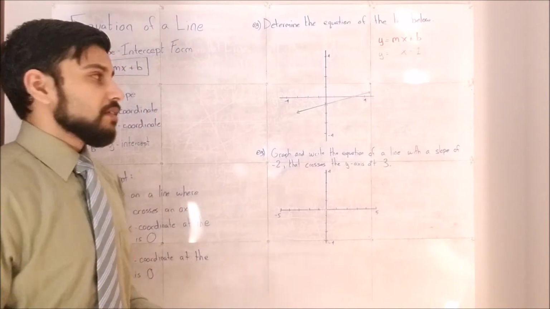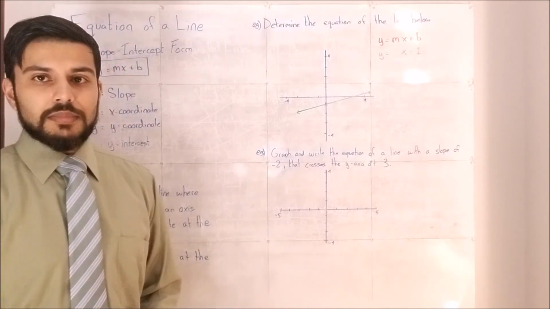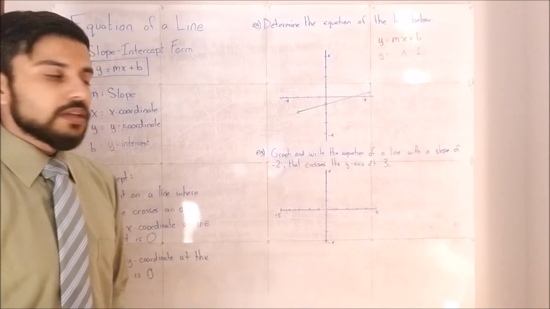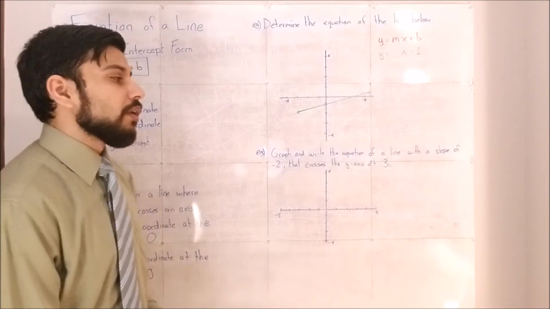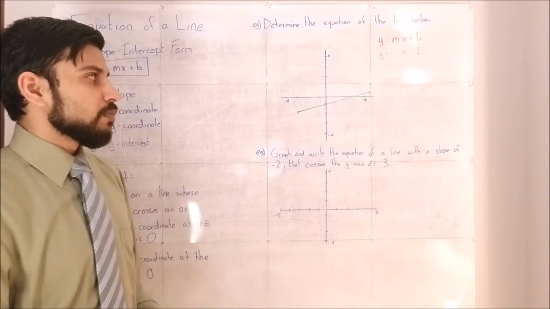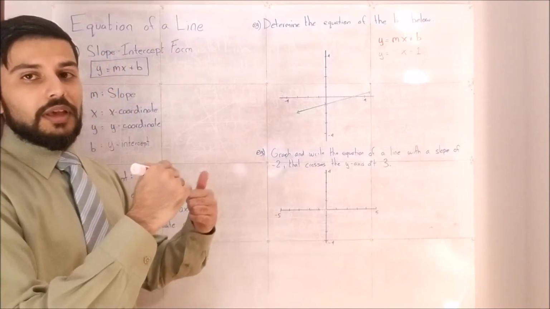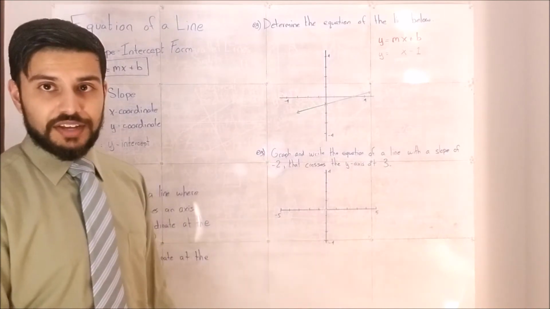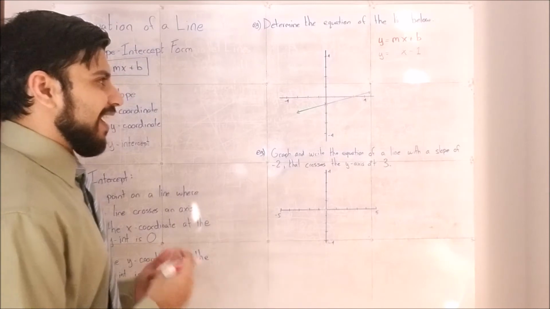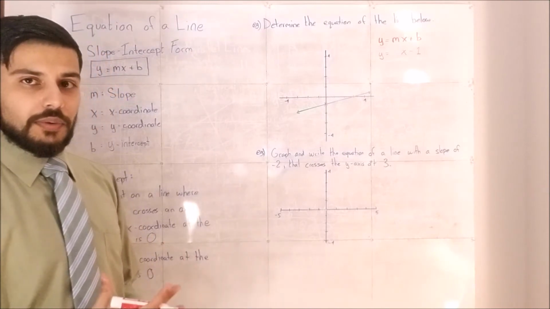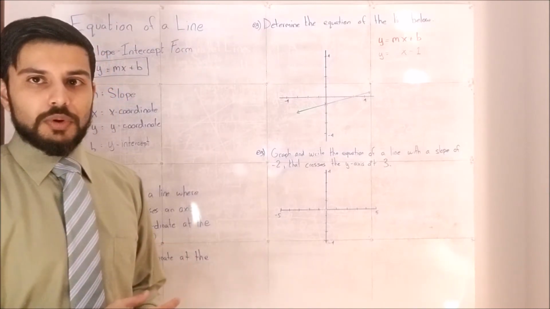I don't know what y is. I don't know what x is. And I still don't know what my slope is. Well, remember, slope, from what we looked at previously, was rise over run. So I'm going to figure out how much my line goes up and how much it goes over until I find a new point. So I'm going to start at the x, and I have to find another point somewhere on my graph. Ideally, a nice point.